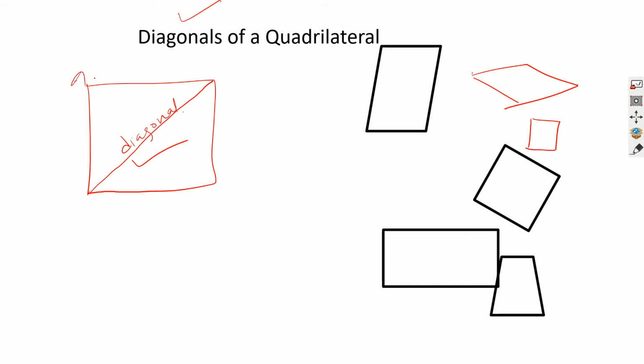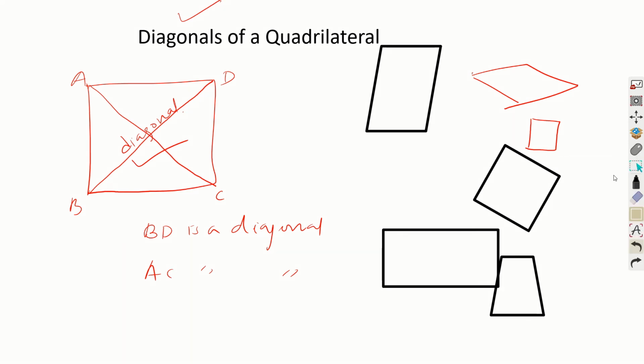Let the quadrilateral be ABCD, and I would say that BD is a diagonal. One more diagonal is possible. This is AC. AC is also a diagonal. Here also we can draw diagonals. You can draw beautiful diagonals if you want. There are tools to draw that.